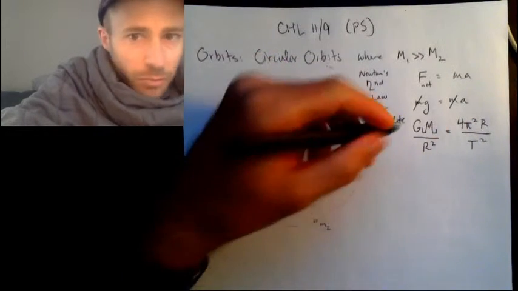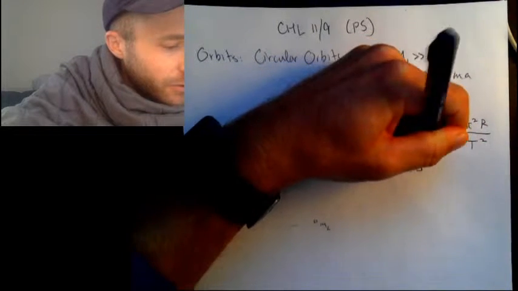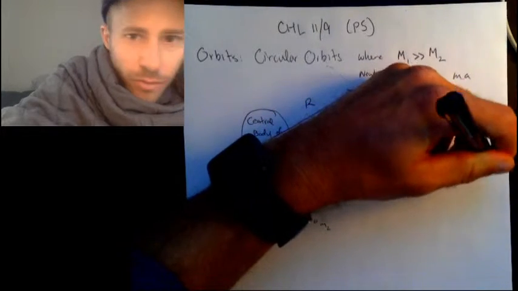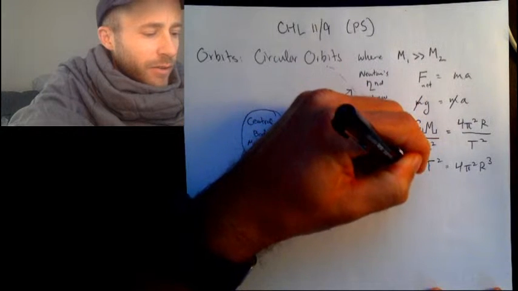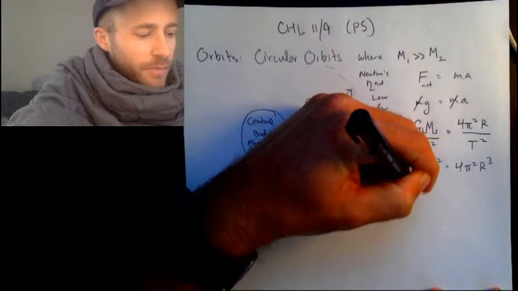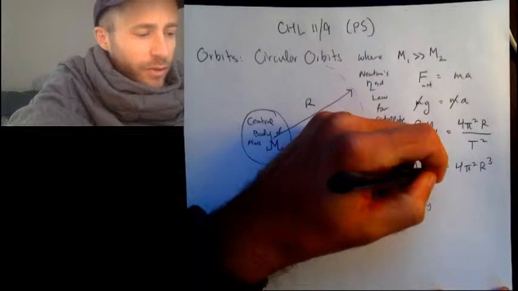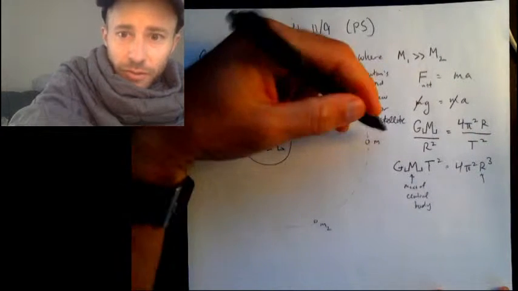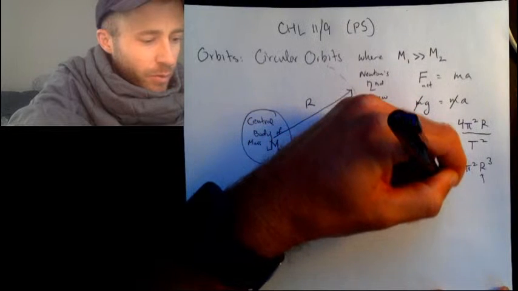So we can cross multiply, and what we get is GM T squared equals 4 pi squared r cubed. All right? So keep in mind that M is the mass of the central body. Okay? r is the satellite's distance from the center of the central body, and T is the period of the orbit.